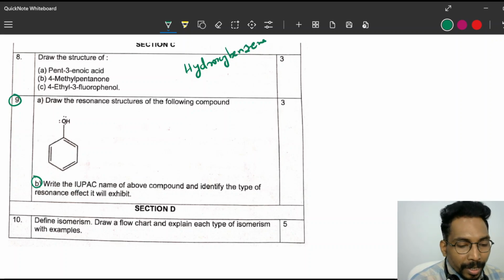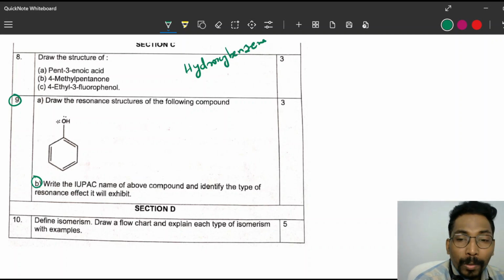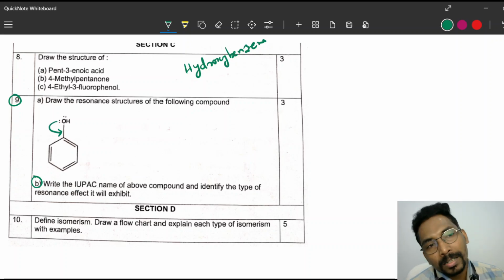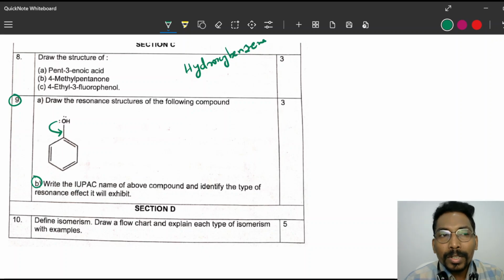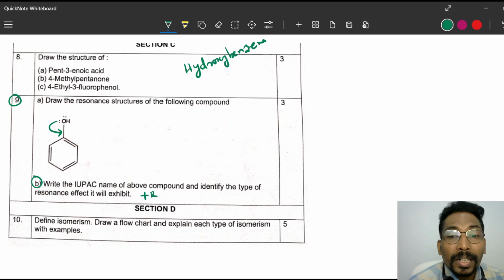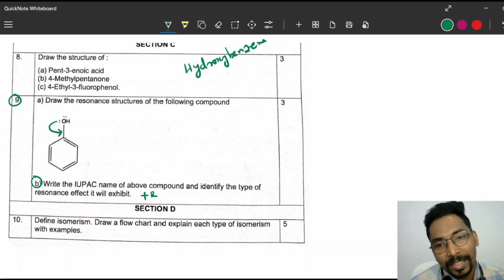Okay. So here definitely you can see electron pairs are there in oxygen. That electron pair will come down and participate in resonance like this. So definitely that is plus R effect. So you can write positive resonance effect or positive mesomeric effect. Okay, both are same. Clear?